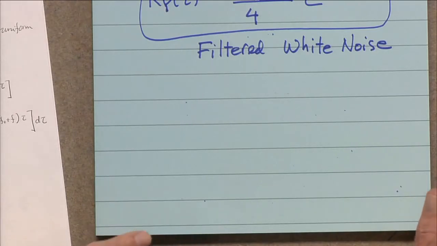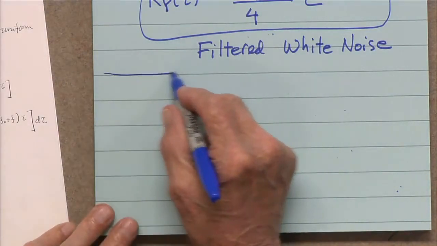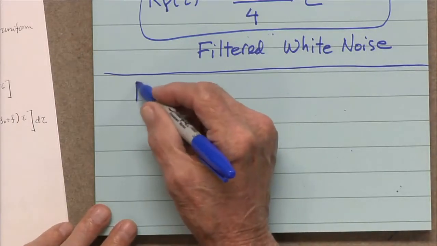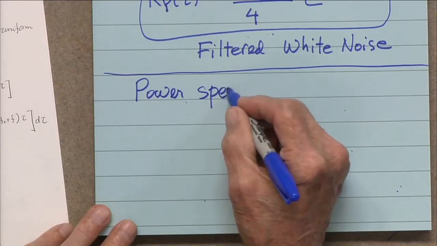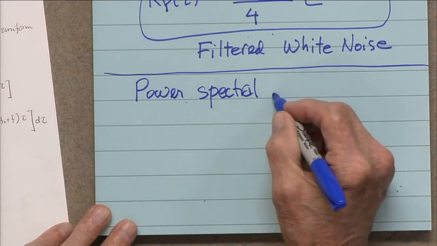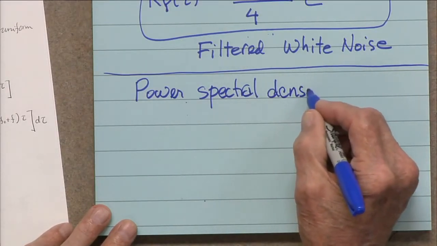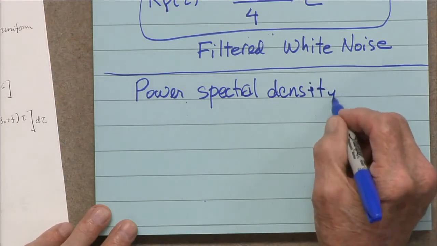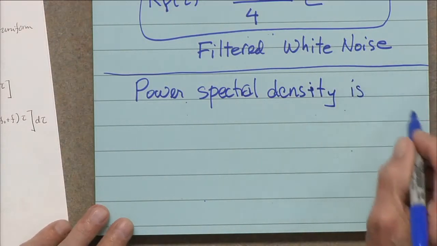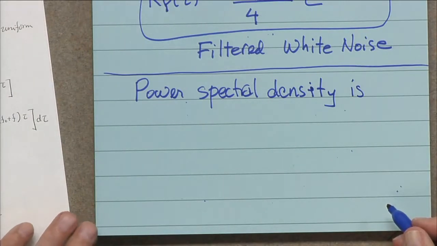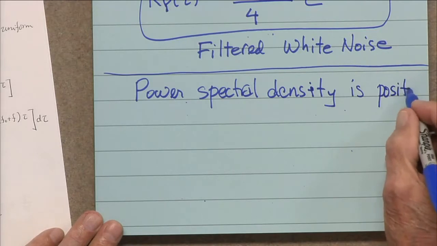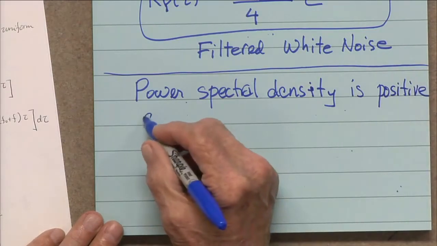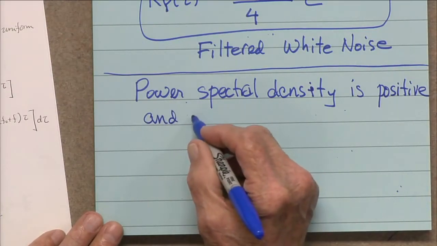The power spectral density is always positive, and real.